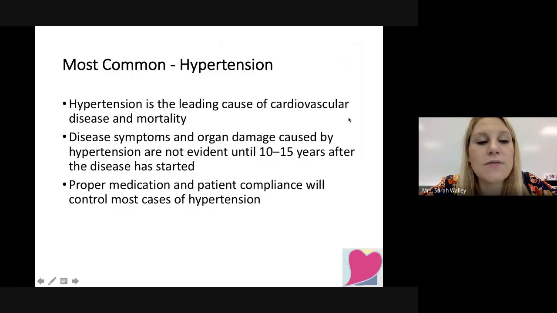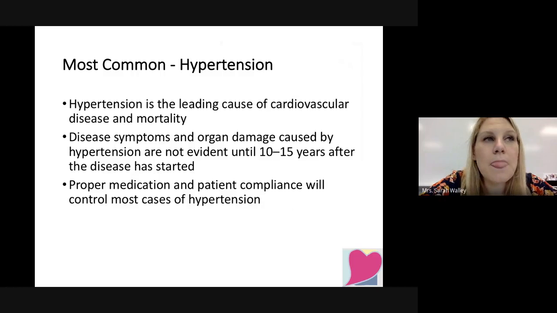It is the leading cause of cardiovascular disease and mortality, which is death. The disease symptoms and organ damage caused by hypertension are not evident until 10 to 15 years after the disease has started. So they call it the silent killer for a reason, because people can have this issue for years and years and years. Some people know they have it and they don't take it seriously. They don't take medication for it. They don't see a doctor for it.